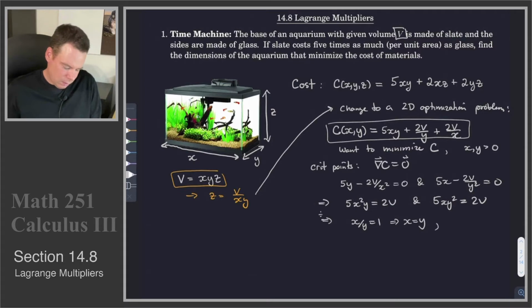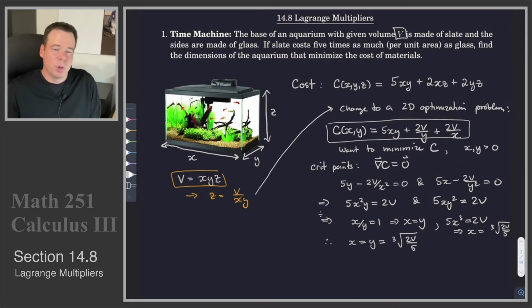And we also then have one of these equations. I'll take the first one, for example. When x is equal to y, we also have that 5x cubed is equal to 2v. Or in other words, x is equal to the cubed root of 2v over 5. So therefore, we have that x is equal to y is equal to the cubed root of 2v over 5. So there's our critical point.